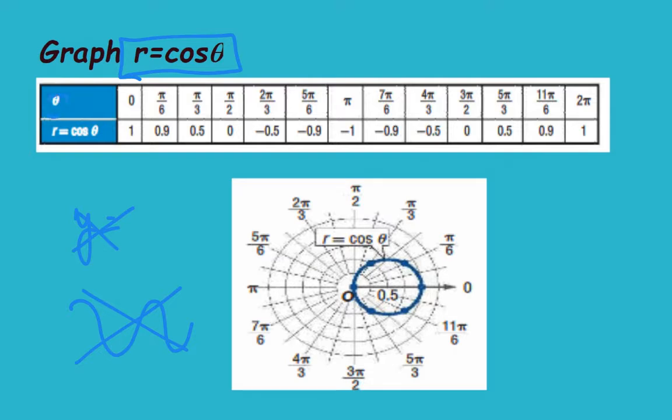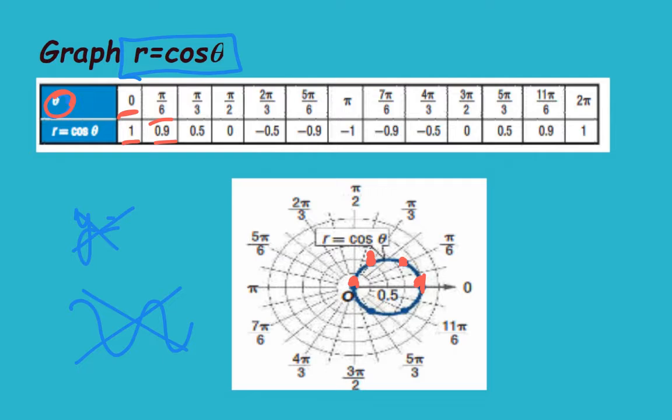So we're going to start with theta, and when theta is 0, cosine of 0 is 1. So at 0, we'd start at 1. And then at pi over 6 it's 0.9. And then at pi over 3, it's 0.5. We keep going around. At pi over 2, we're back at 0.